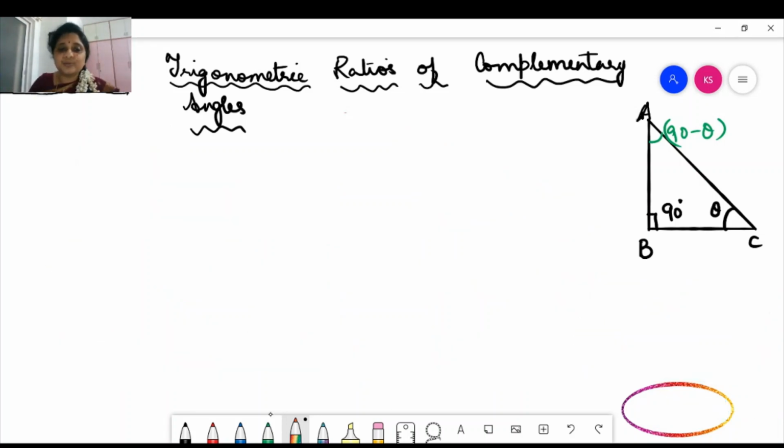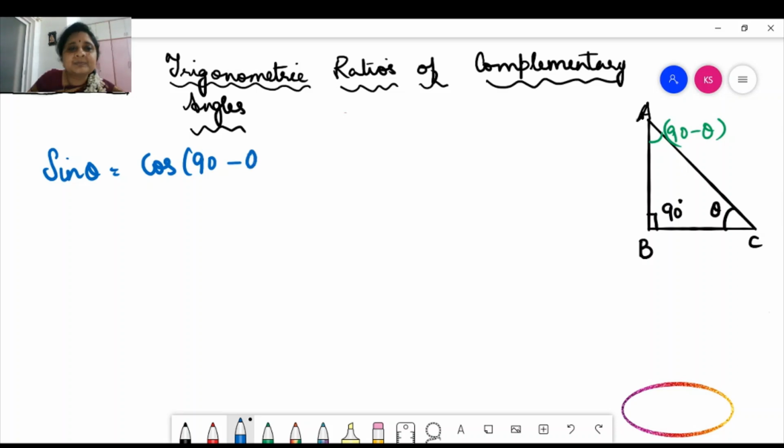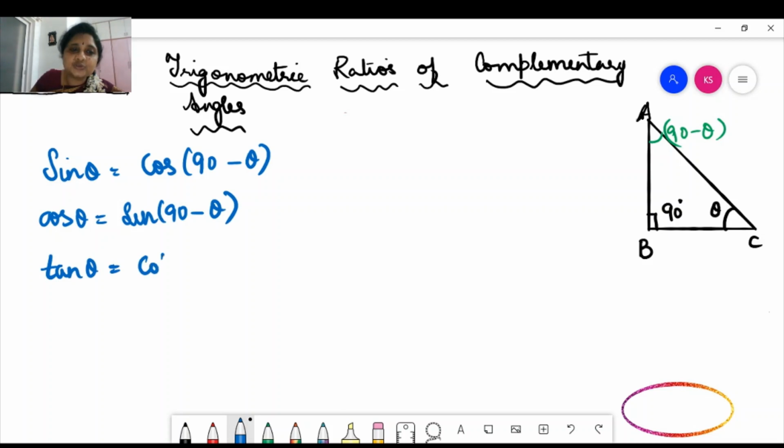So let's put all our findings together here. So we found out that sine of theta is equal to cos of 90 minus theta. And then cos of theta to be equal to sine of 90 minus theta. And then we saw tan of theta is equal to cot of 90 minus theta.